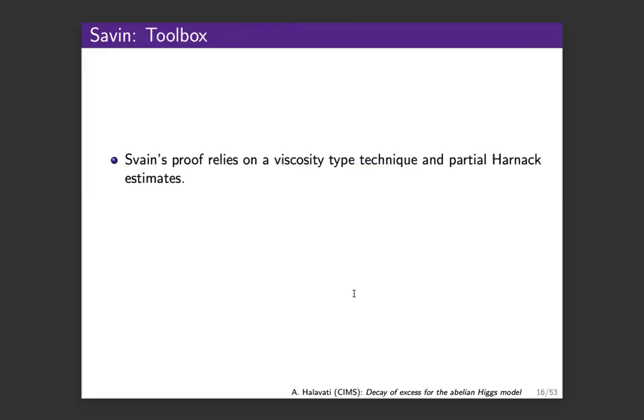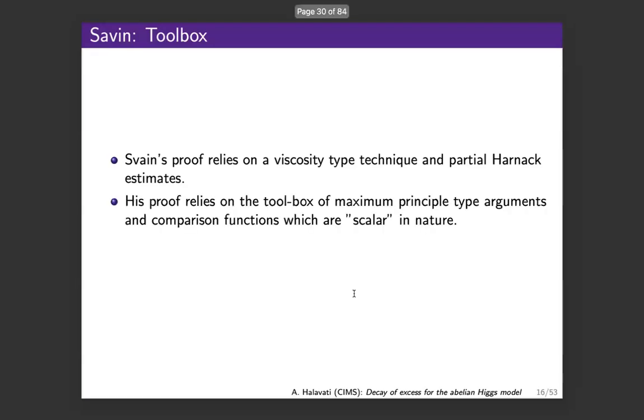So a bit on Ovidiu's toolbox, and you can correct me if I'm being imprecise, but I know that his results rely on a viscosity type technique and partial Harnack type estimates. Basically, he proved that you can get a sort of decay of oscillation for the zero level set, and this closeness is being measured in an L infinity way, right? And to my understanding, this toolbox relies heavily on maximum principle type arguments and building comparison functions, which are scalar in nature.